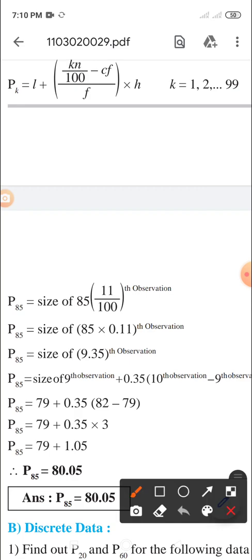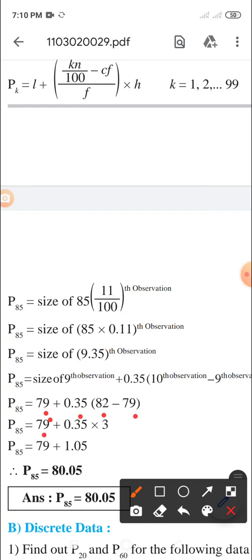So the next step, P85, 9th observation is 79 plus 0.35 into bracket 82, that is our 10th observation. From where did we take this observation? We took the 10th observation from the data which we already arranged in ascending order, minus 79, that is the 9th observation.